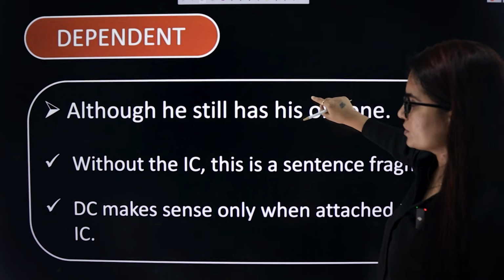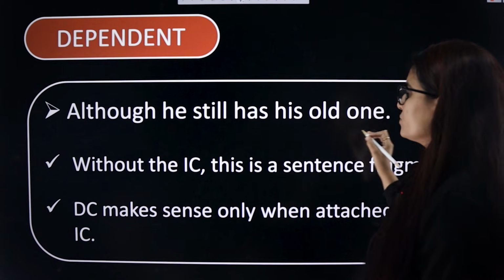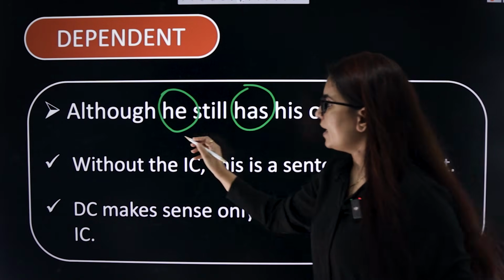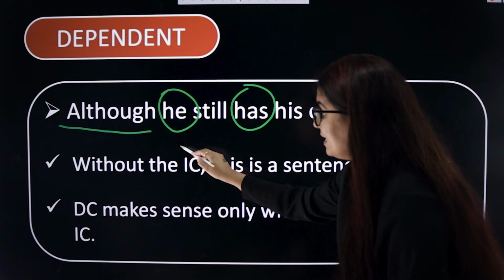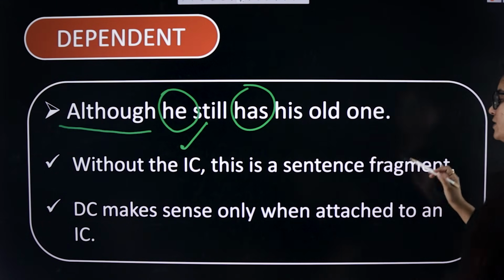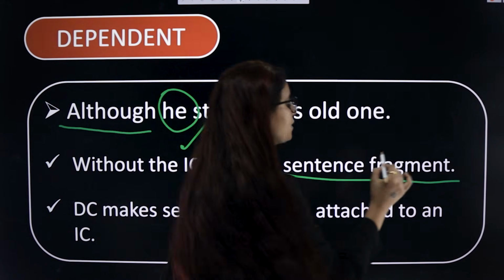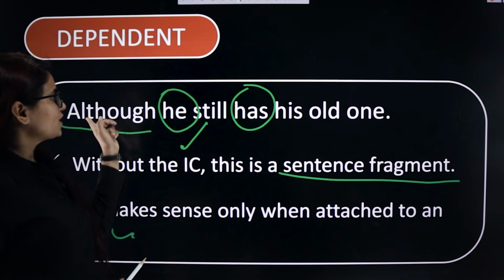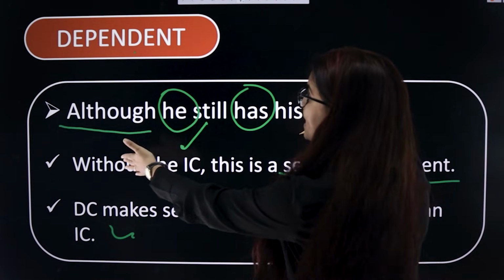We have dependent clauses. Now on the screen you can see, although he still has his old one, subject, verb. This is a clause and we have a subordinating conjunction written in front. Without an independent clause, this sentence becomes a sentence fragment. There is something called a sentence fragment. A sentence fragment is a part of a sentence which does not have an independent clause, which only has a dependent clause.